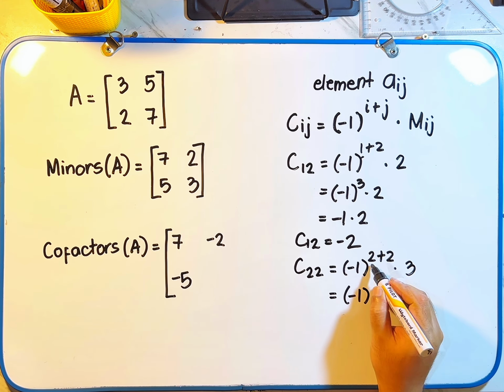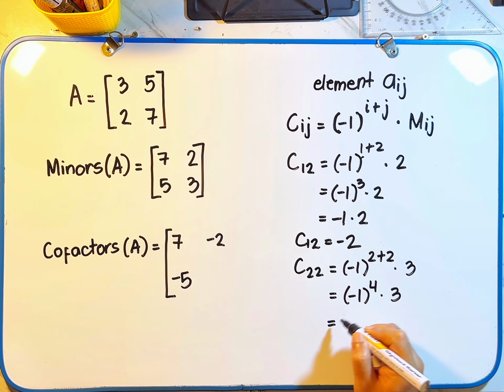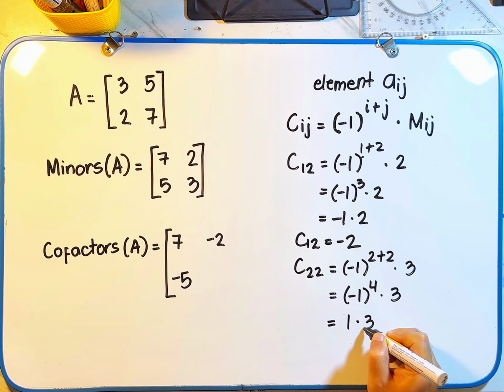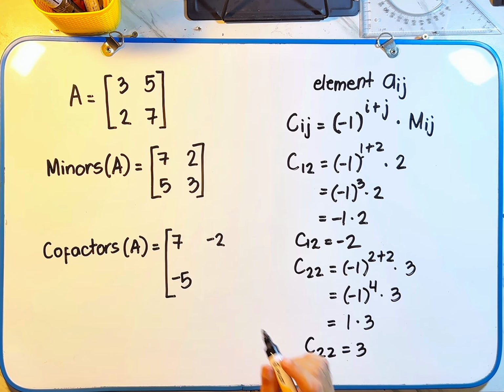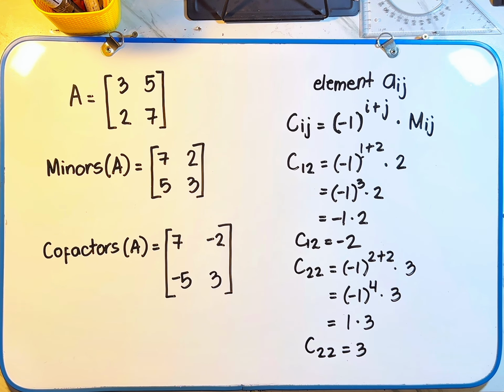Negative 1 raised to 2 plus 2 is equal to 4, times 3. Negative 1 raised to 4, an even number, becomes positive. And 1 times 3 is 3. So the cofactor in the second row, second column is 3. Therefore, our cofactors are complete.